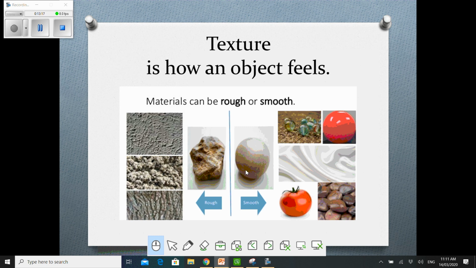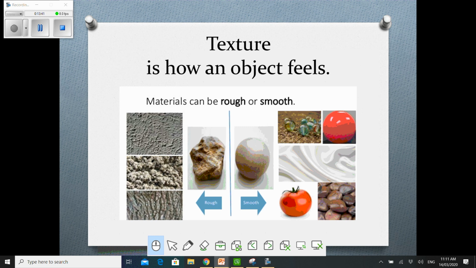But this one is smooth. Both of them are rocks, but this one is rough, this one is smooth. So the texture here is rough. You will go up and down. Here is smooth. Look how smooth.